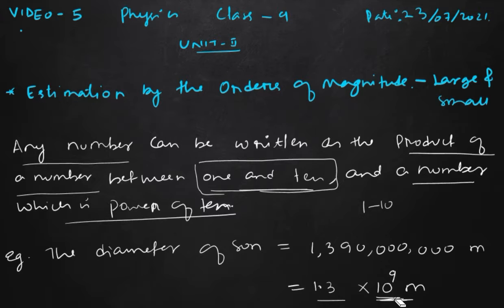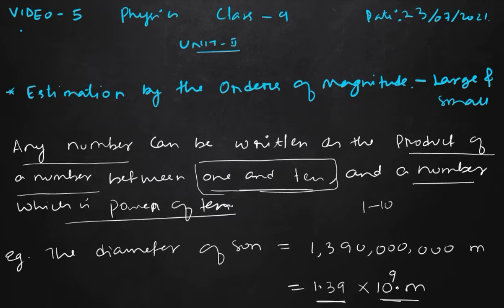So any number can be written as a number between 1 and 10 and a number which is a power of 10. Here we have two parts, 1.39 and 10 to the power 9.